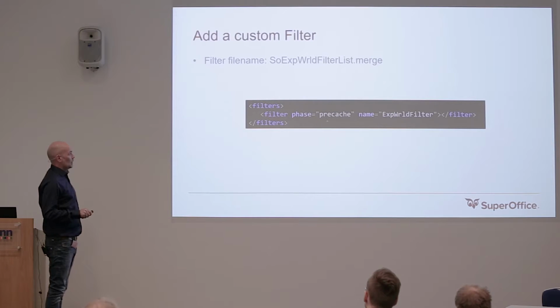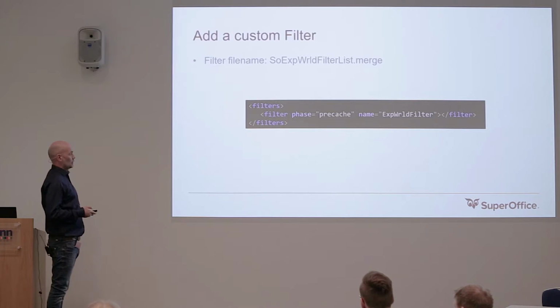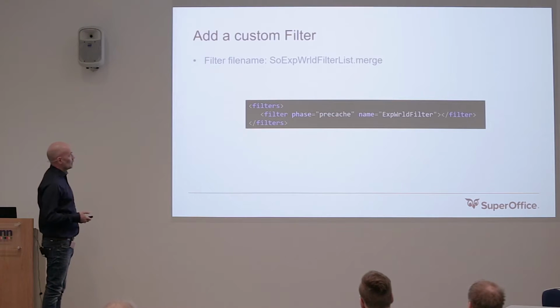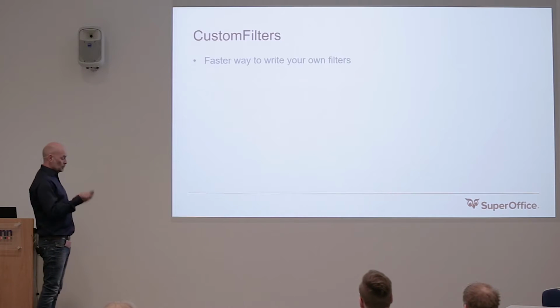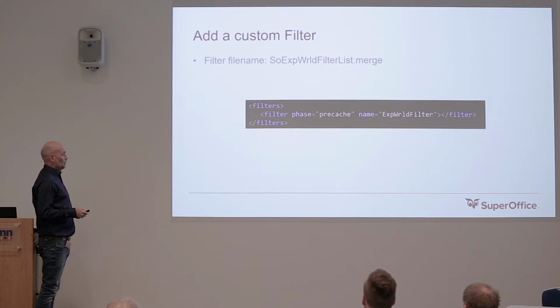You define the phase and you define the name of it. This will be merged into the complete filter configuration which the client uses for finding out which filter it has.